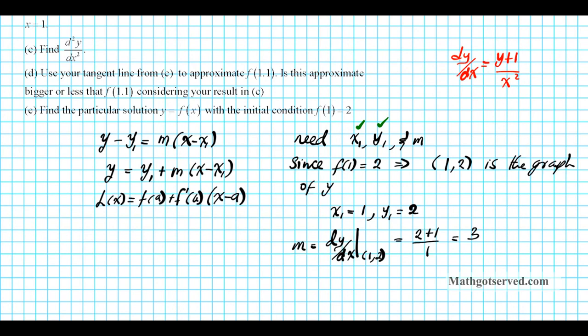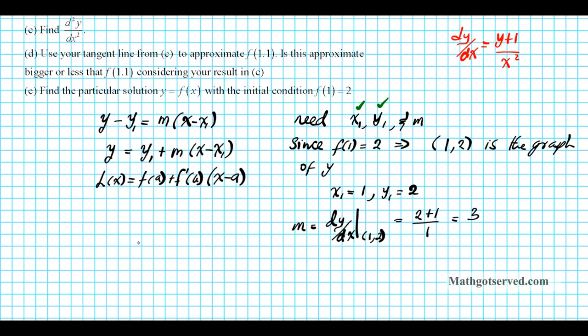Now we have all the ingredients we need to write down the equation of our tangent line. So we're going to have y is equal to y1, which is 2, plus m, which is 3, times (x minus x1), where x1 is 1.